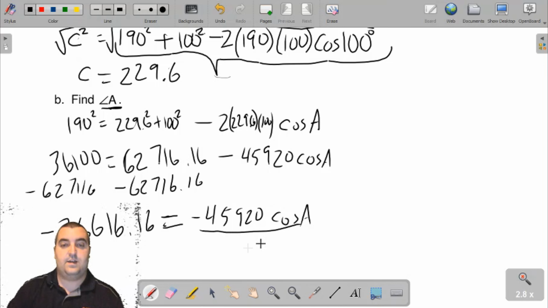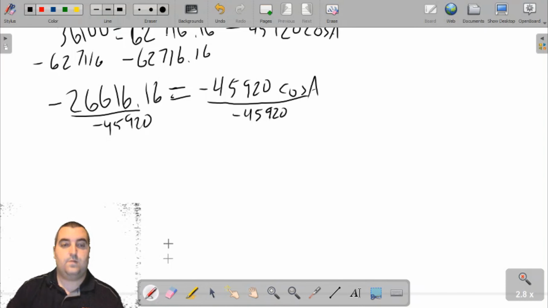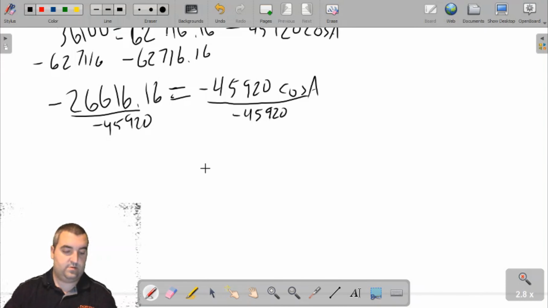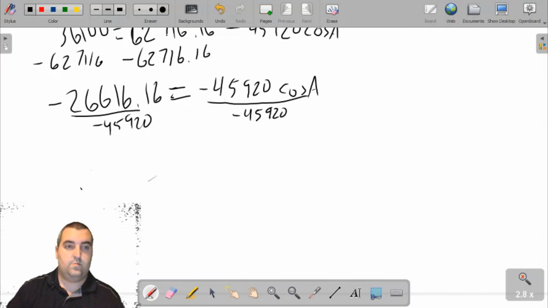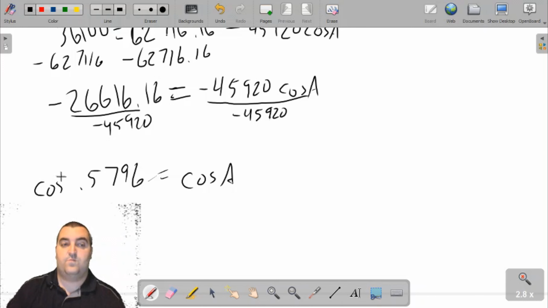So there are 2 steps left. Now we're going to divide by the negative 45,920, and we keep pulling this down. Once again we're going right to the calculator. So we get 0.5796 equals cosine of A. Now we're still solving for A though, so to do that we do the inverse cosine of both sides.